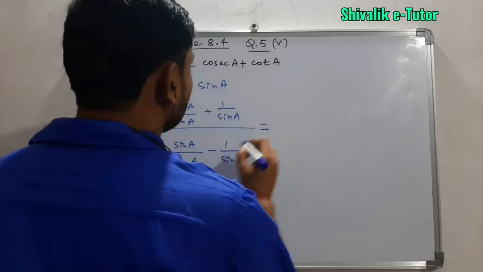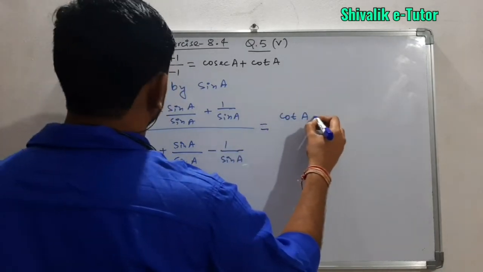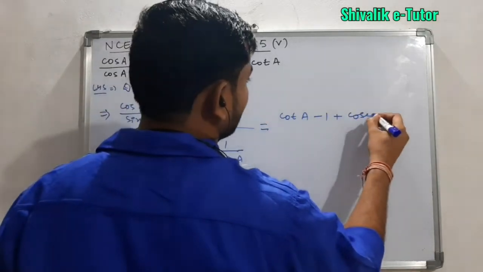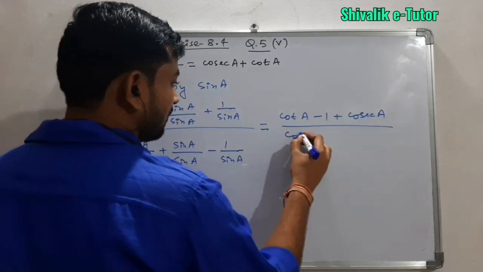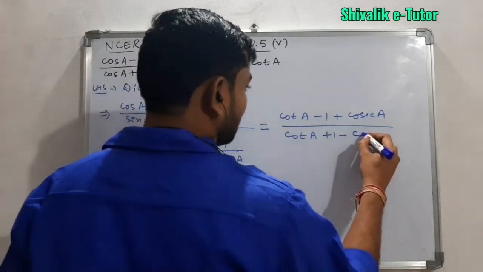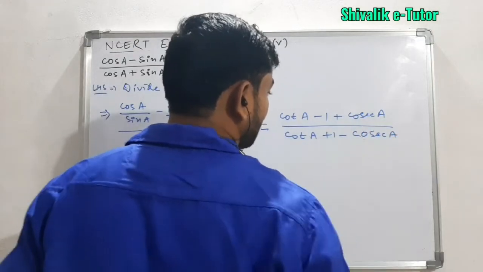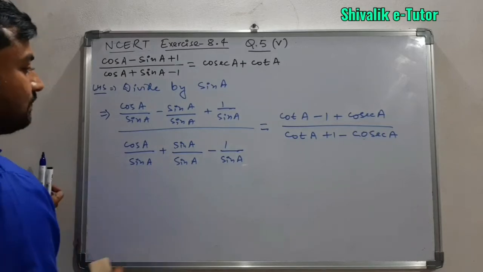Now this can be written as cos upon sin is cot A, sin upon sin is 1 and plus this is cosec A, divided by cot A plus 1 minus cosec A. This is the question now which we will solve further to get the desired result.